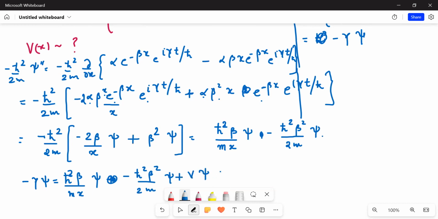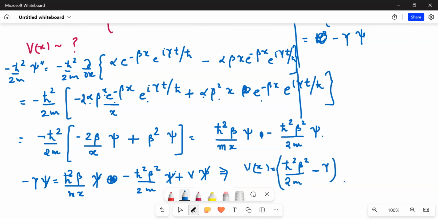So overall, if I cancel this up, because psi cannot be zero unless you have an infinite potential, and certainly if the form of the potential is asked, we can assume safely that the potential is not infinite. If that is the case, it's quite evident that v as a function of x turns out to be ħ square beta square upon twice m minus gamma.